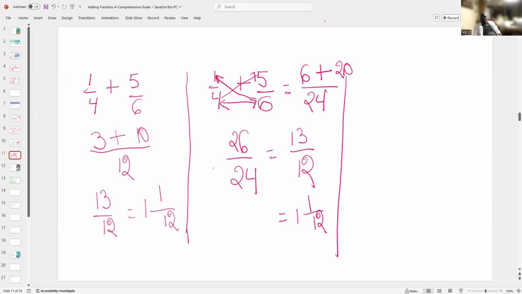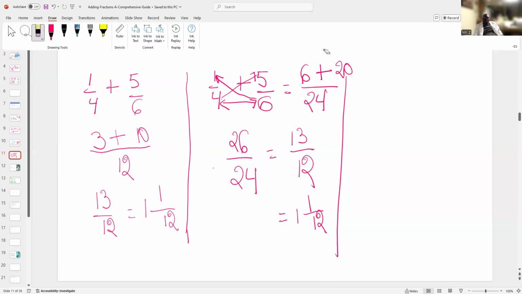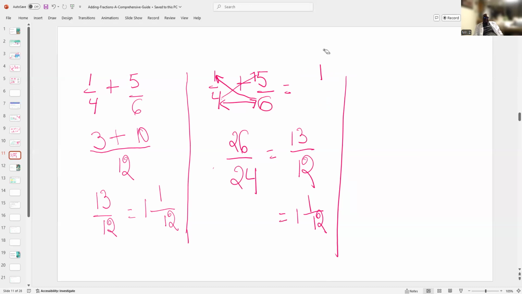So on the second approach, you multiply the denominators together. Let me do that again. Yes, we're going to start that over.